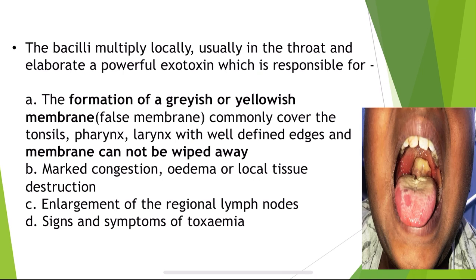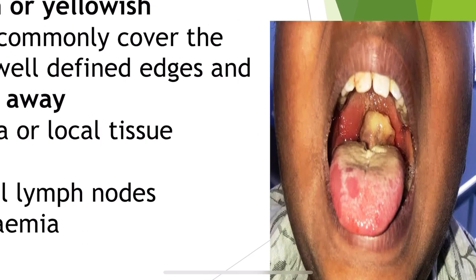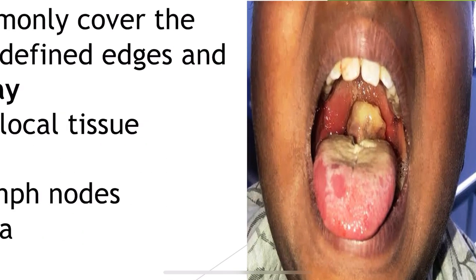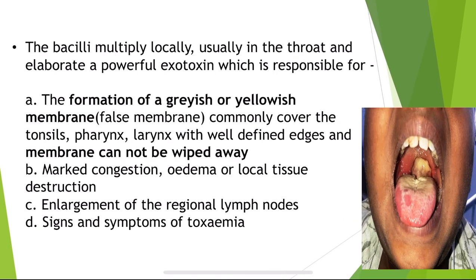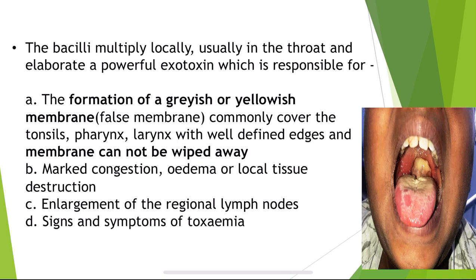You can see in the picture here a diphtheritic membrane, a pseudomembrane formed by the Corynebacterium diphtheriae locally in the throat, and also there is marked congestion, edema or local tissue destruction. Followed by enlargement of the regional lymph nodes and the signs and symptoms of toxemia.